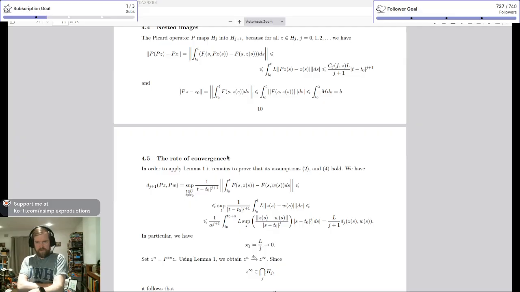Right, so instead of the norm on the outside, it's now a norm on the inside. L times z of s minus w of s, which is less than or equal to the definition of z? No, that's not true.